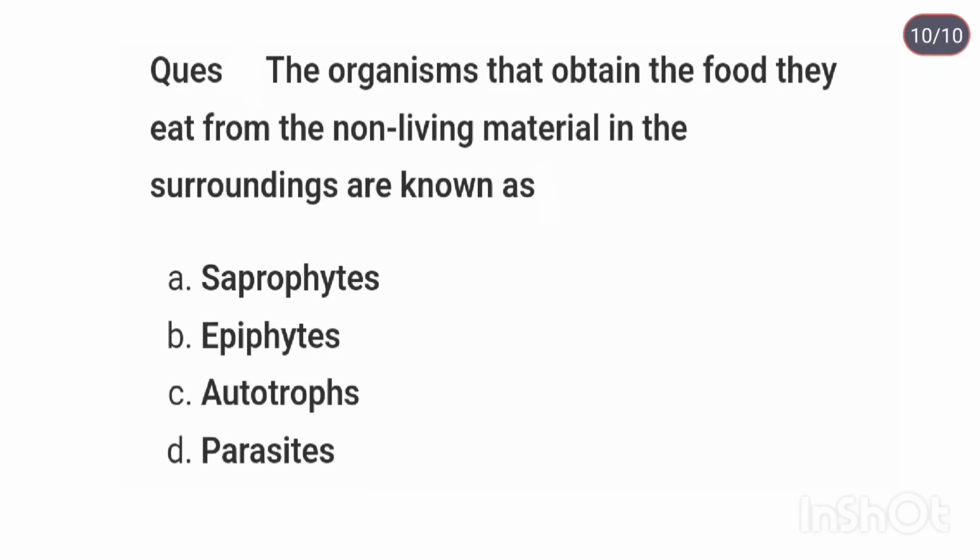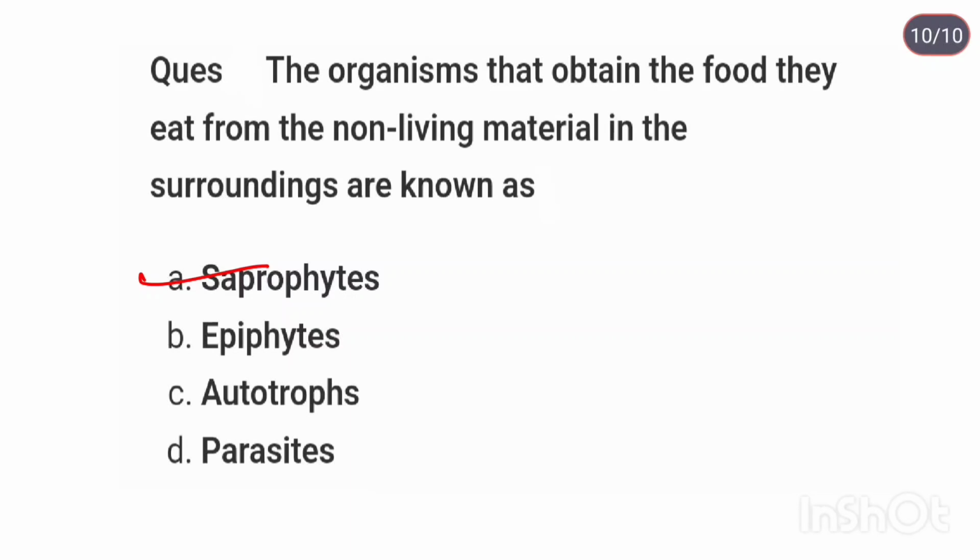Next question is: the organisms that obtain the food they eat from the non-living material in the surroundings are known as... Right answer is option A, saprophytes. Saprophytes refer to those plants and animals that live on the dead material and obtain the food nutrients by breaking down the organic matter.